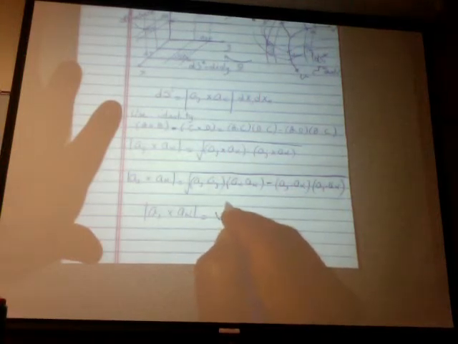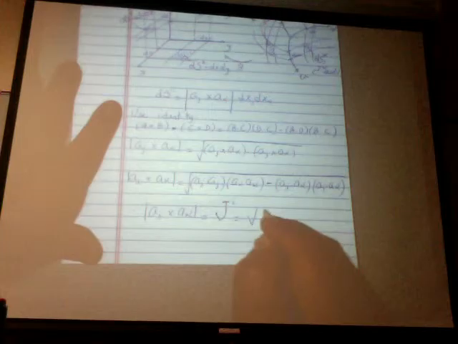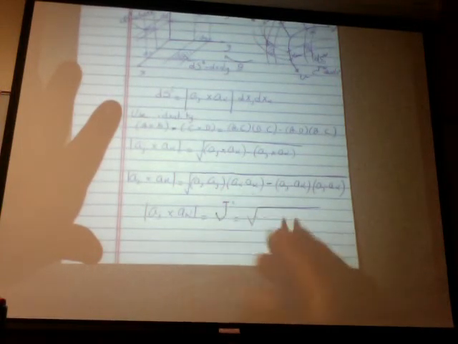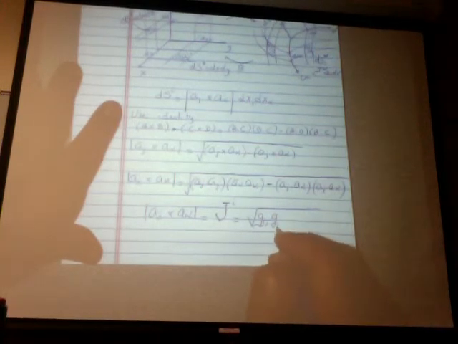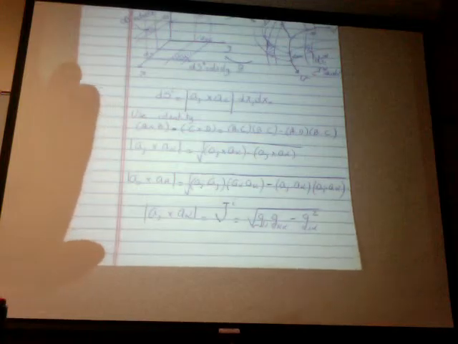This is the Jacobian of the transformation in the i direction, which from here is equal to the square root of gjj gkk minus gjk squared.